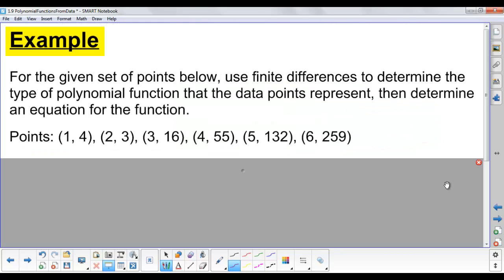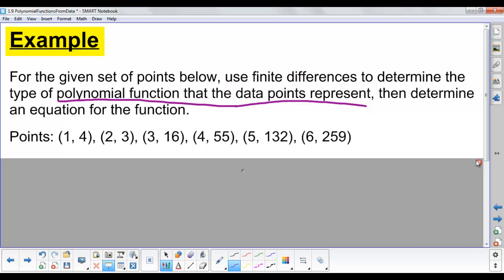Here's the example that we are going to work through. We are given a set of points, and we want to find the polynomial function that these data points represent, and come up with the equation for that.